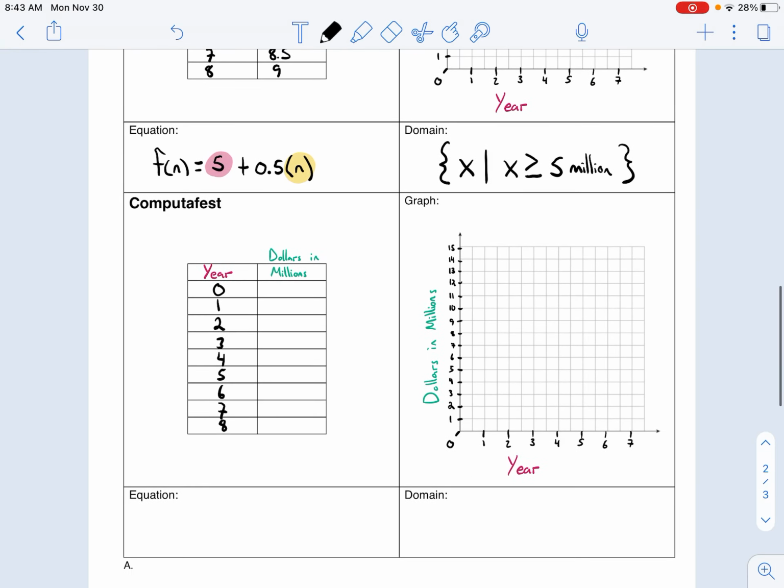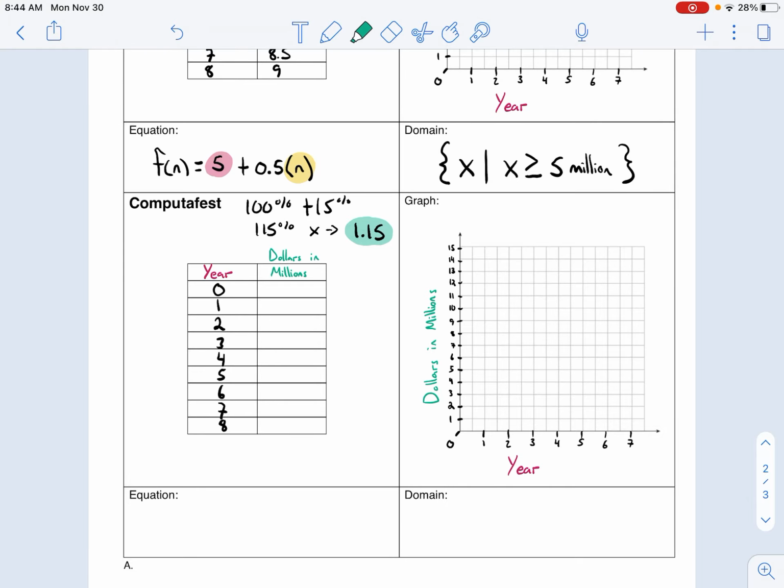So 15% would be 100%, and it's increasing, so we're adding 15%, which gives us 115%. When we convert that to multiplying by a decimal, it's 1.15. So our action is geometric. We're multiplying by 1.15, so this would be an exponential example.